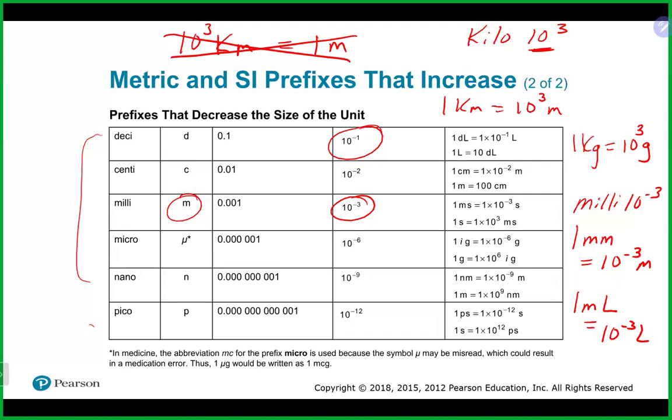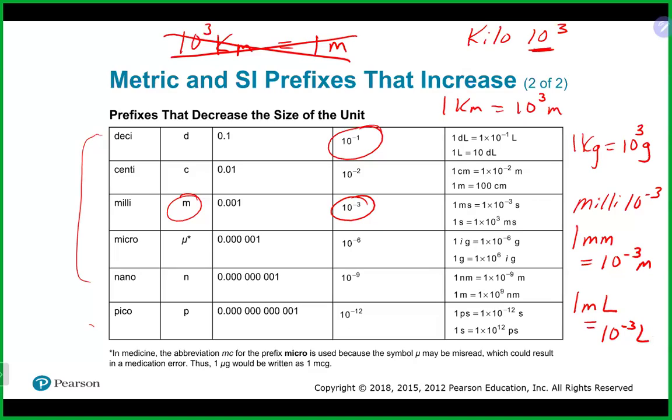First off, any questions on that there? So for example, we'll take that one there. We'll do milli, which was 10 to the minus 3.